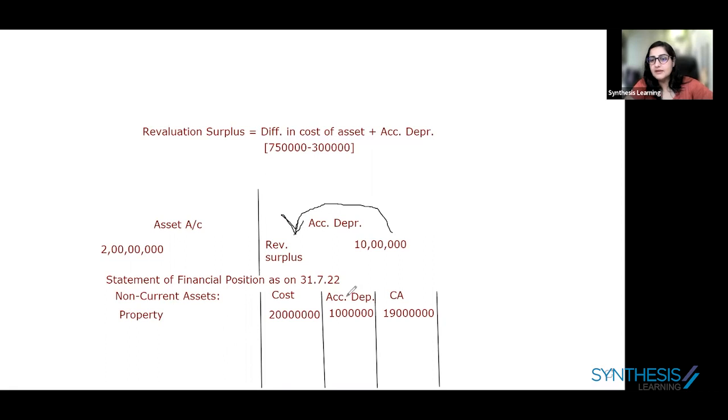So accumulated depreciation is set to 0 now. अब फ्रेश स्टार्ट करो. तो रीवैल्यूएशन में ये डिफरेंस है, समझ रहे हैं आप लोग को?